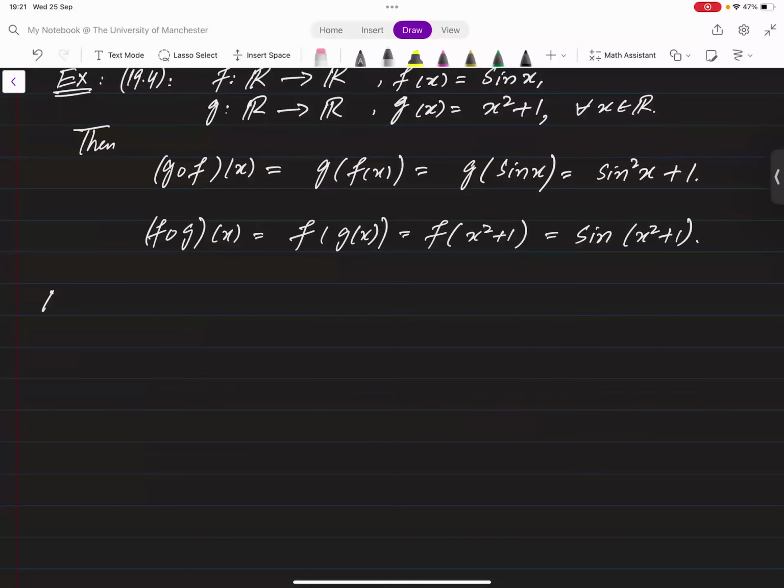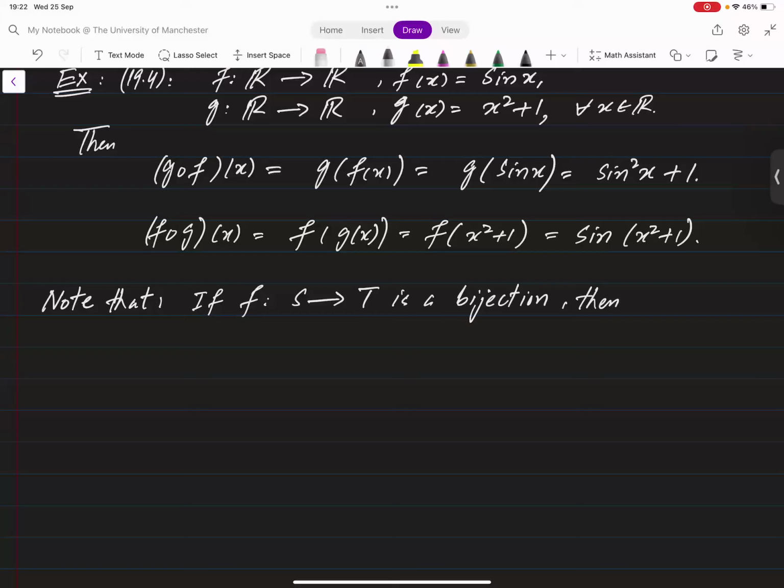So note that if f is a function from S to T and is a bijection, then there exists an inverse function, which is from T to S. And if we compose f and f inverse, we get that f inverse compose f of s is nothing but f inverse of f of s, and this is s only.